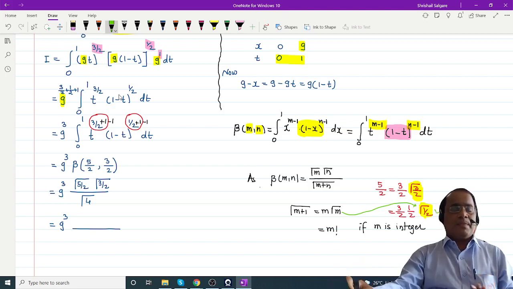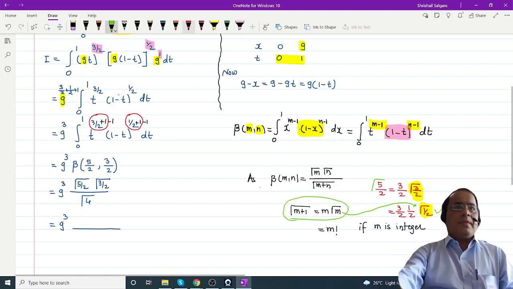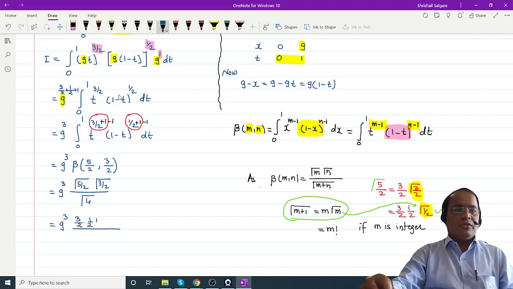So this gamma 5 by 2, this one I will write, and after practice you can write it successively. For gamma 5 by 2, you have to apply this reduction formula or property successively. So you have to write 3 by 2 into 1 by 2 into gamma 1 by 2. I will stop here.